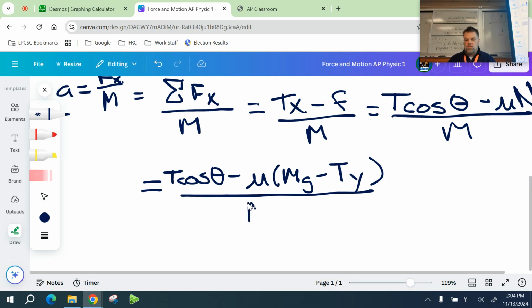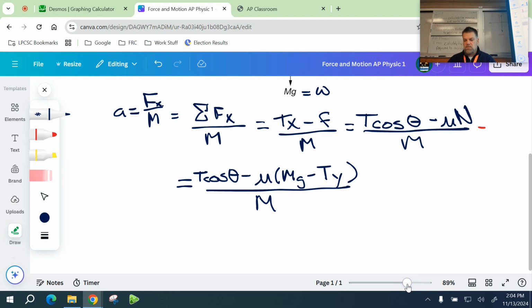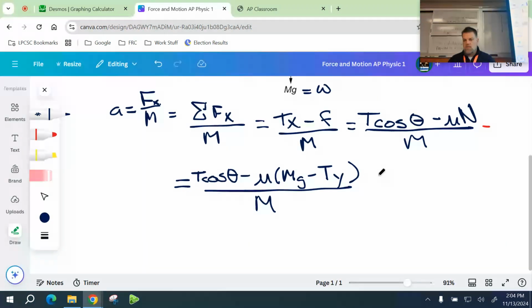Okay, all right, cool. So then in the next line, to finish that, this is the acceleration. We're almost done. So then the acceleration is... how do I find t sub y? Does anybody want to jump in on that action?